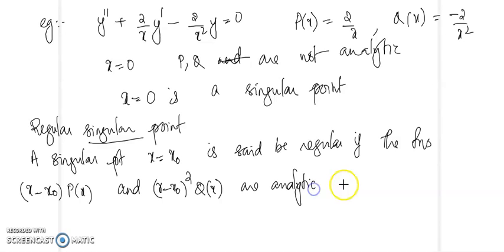If it is so, then the point is said to be a regular singular point, and it is said to be irregular otherwise. That is how we define a regular singular point. So let us see an example of a regular singular point.